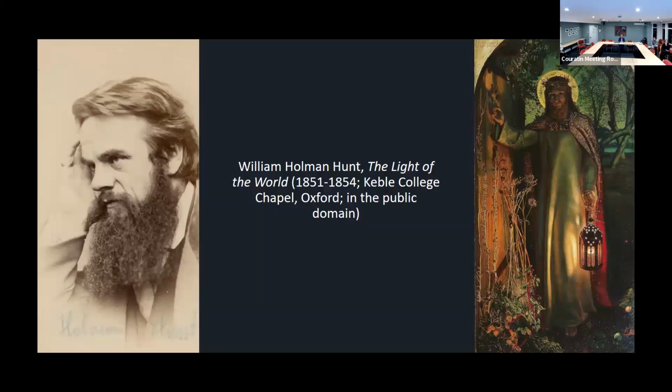This one is the version that we have just up the road in Keble College Chapel here in Oxford. There's another one in St Paul's Cathedral in London. So Hunt is perhaps best known for The Light of the World.